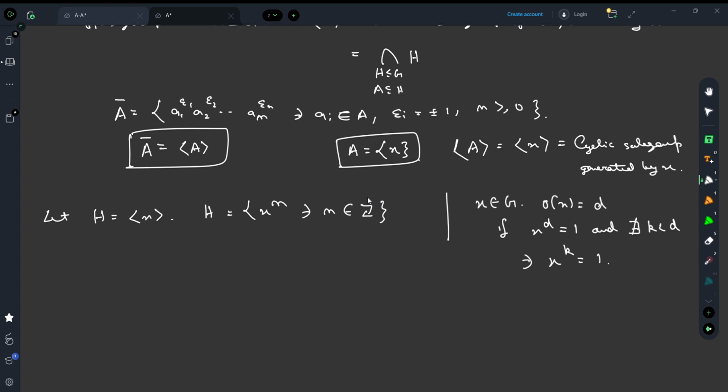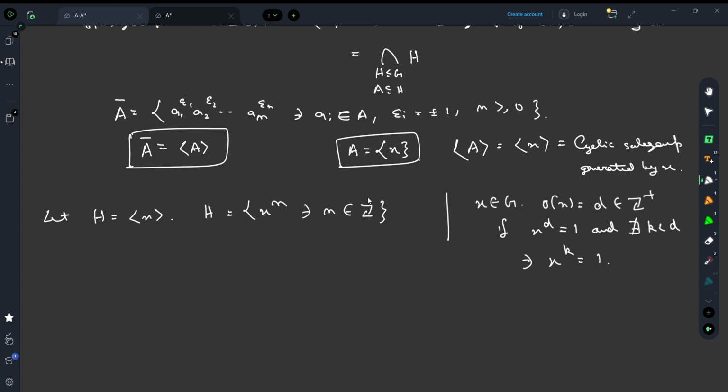In a way, d is the smallest positive integer. Yeah, so d needs to be a positive integer. So d is the smallest positive integer such that x to that power is 1. If there is no such positive integer such that x to the power of that integer is 1, then we say that the order of x is infinite. Okay, that's typically the case.